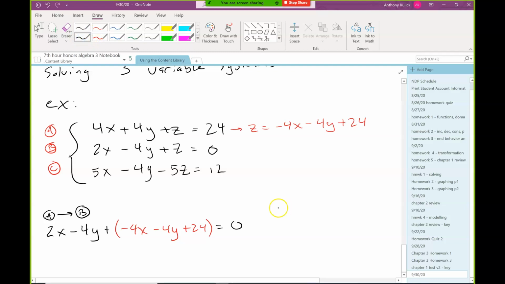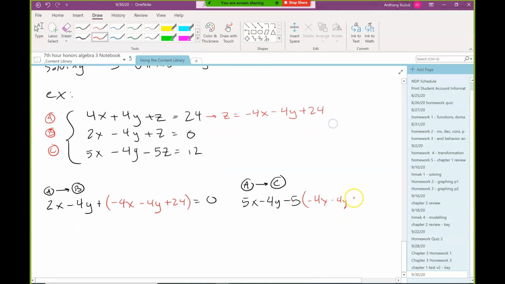And similarly, I'm going to take A and plug it into C. So I'll have 5x minus 4y minus 5 times my value for Z, which is minus 4x minus 4y plus 24, and in this case equal to 12. Everybody so far so good?